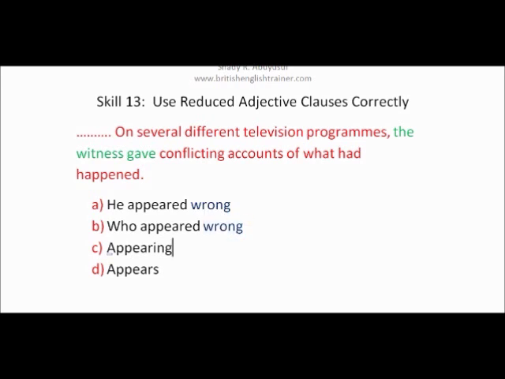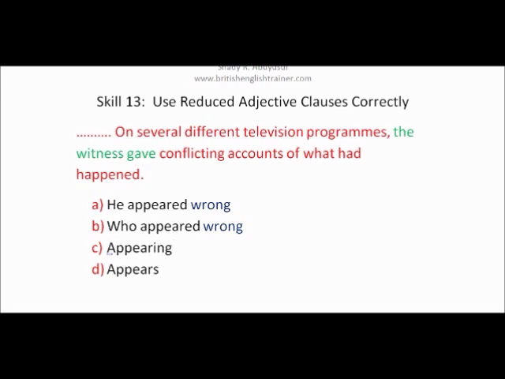Now let's move to appearing. Can we use appearing? Now let's read it together. Appearing on several different television programs, the witness gave conflicting accounts of what had happened. Well, that is correct. Why? Because we studied that reduced clauses that are adjective reduced clauses that are set off by commas can come in the beginning normally.